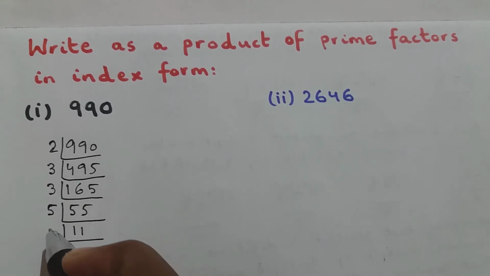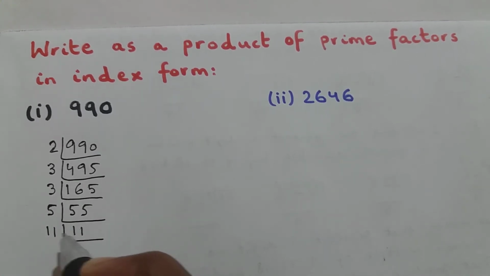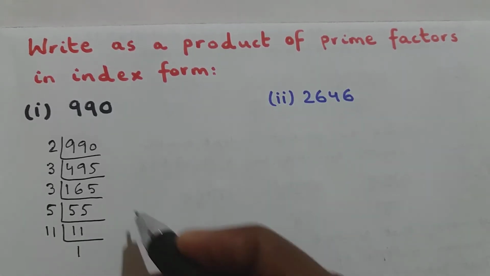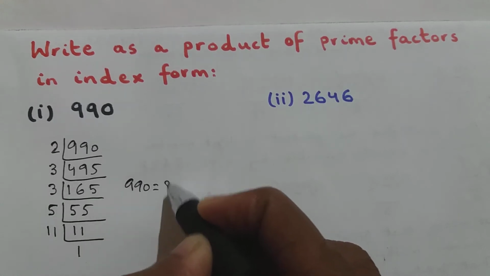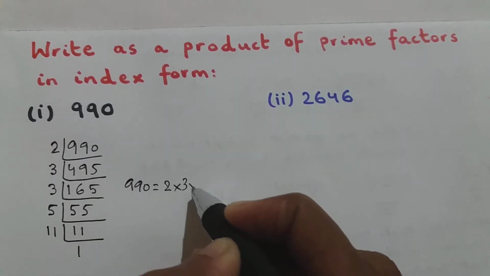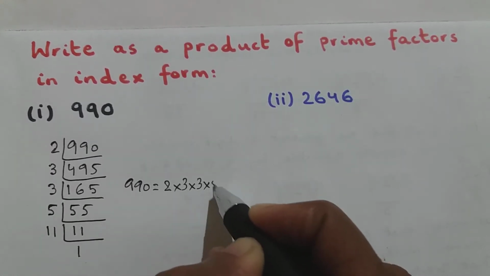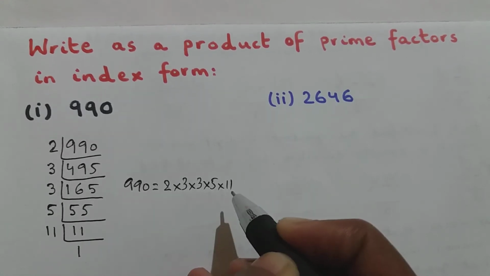Now 11 is divisible by 11. So I will divide 11 by 11. 11 divided by 11 is 1. So 990 is equal to 2 into 3 into 3 into 5 into 11.